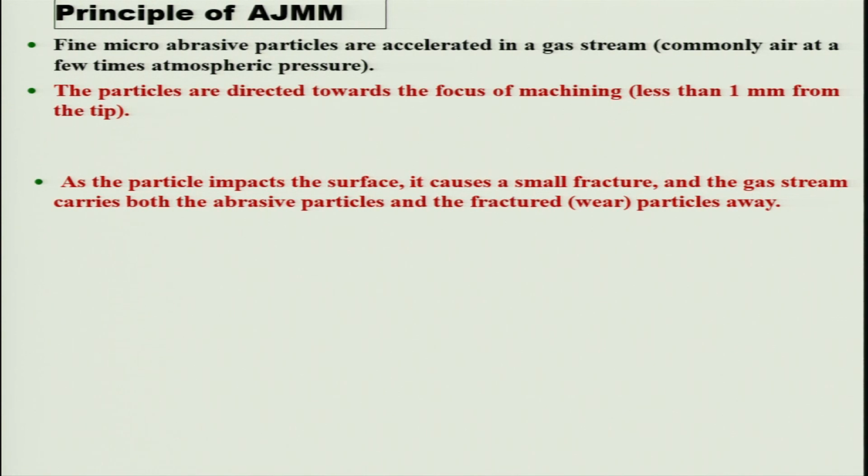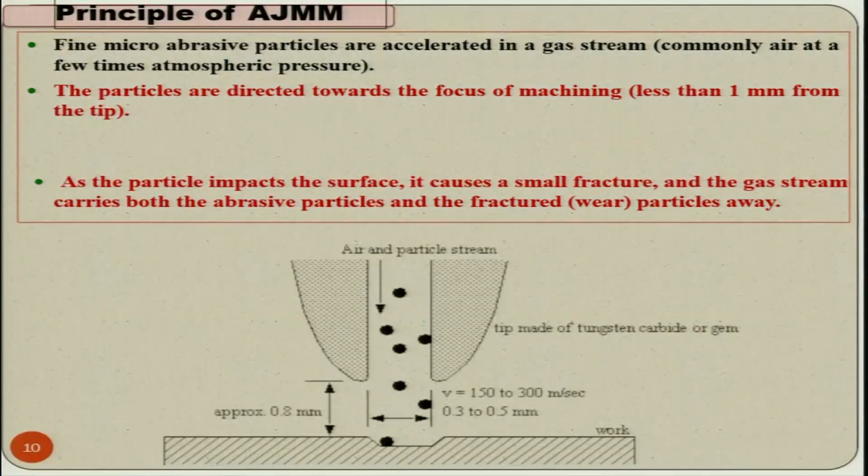As the particle impacts the surface, it causes a small fracture, and the gas stream carries both the abrasive particles and the fracture wear particles, as I showed in the earlier slide, that abrasive particles as well as burnt out particles both move away from the surface of the workpiece.